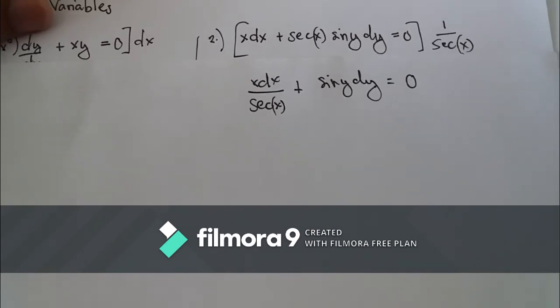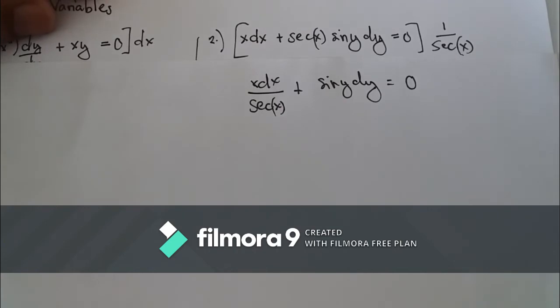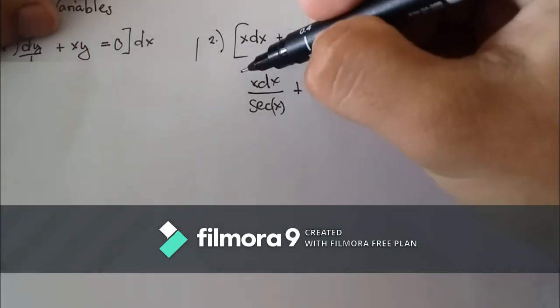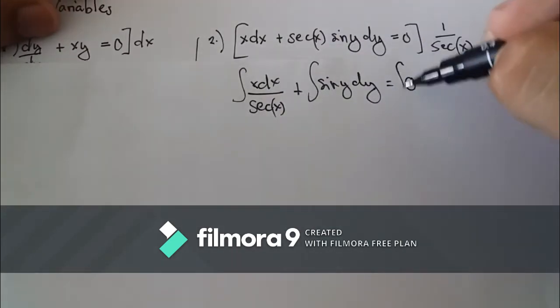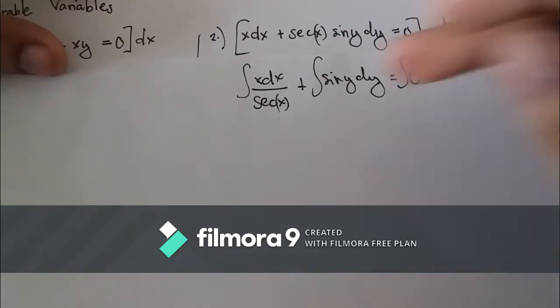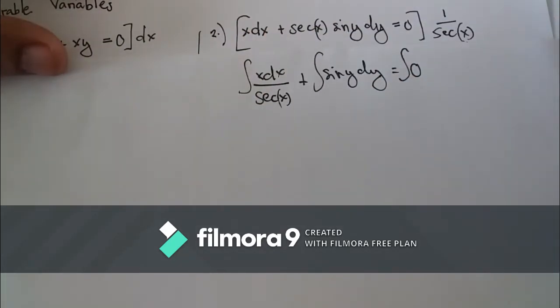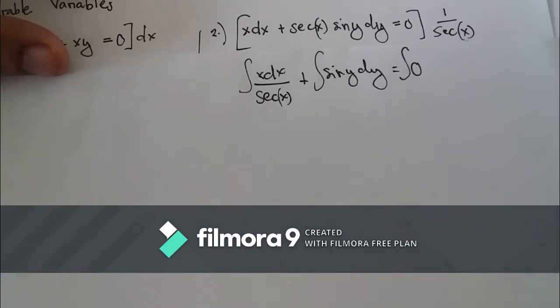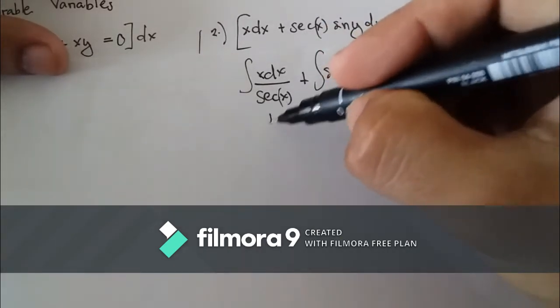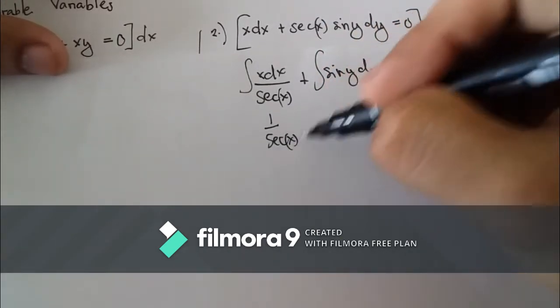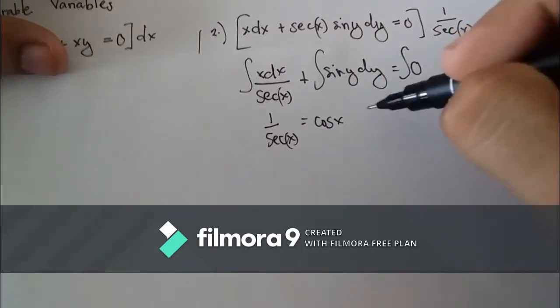Okay, so after separating all the variables within the respective families, we can integrate each term. So the integral, okay. So I will write this one, the secant x, in terms of cosine. I can transform this one, because 1 over secant x is equal to cosine x.